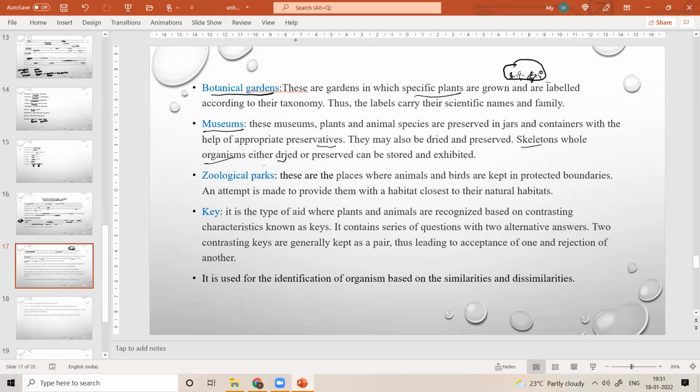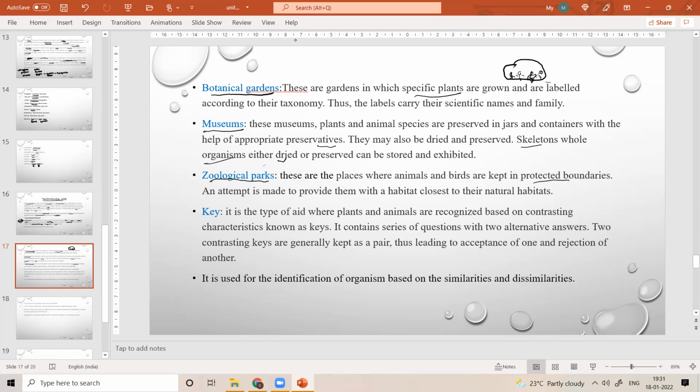Next, the zoological park. The zoological park is similar to the botanical garden, in which live plants are available. Here in the zoological park, animals and birds are kept in protected boundaries. So different types of animals will be protected and caged in the zoological park.